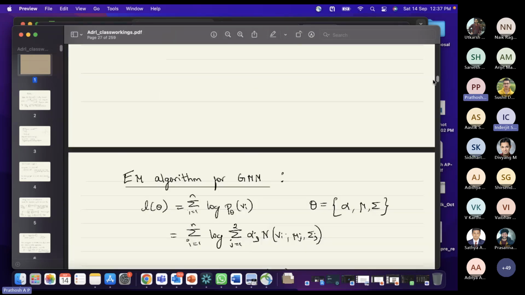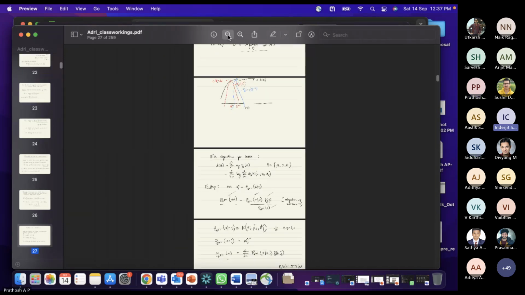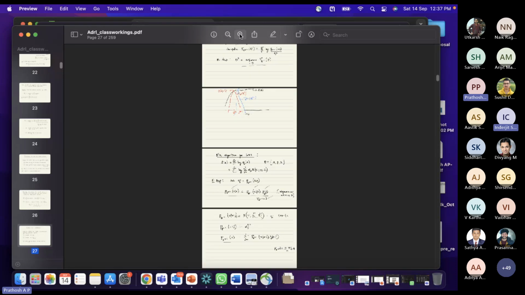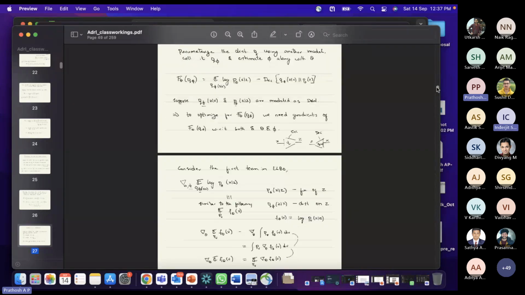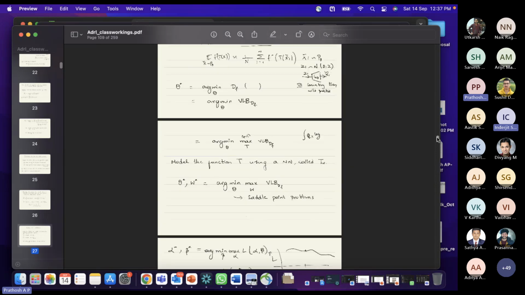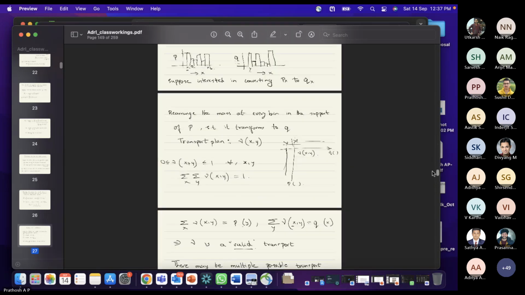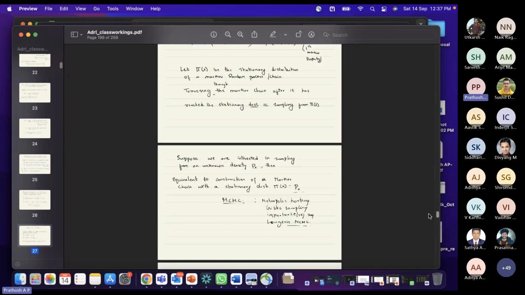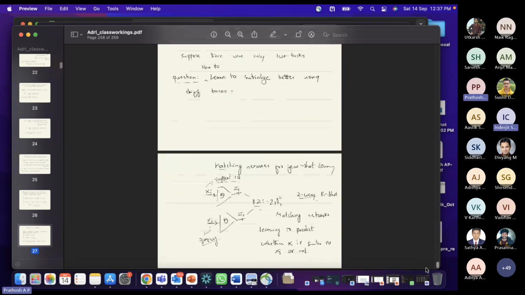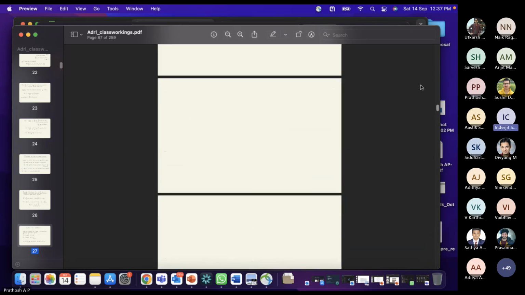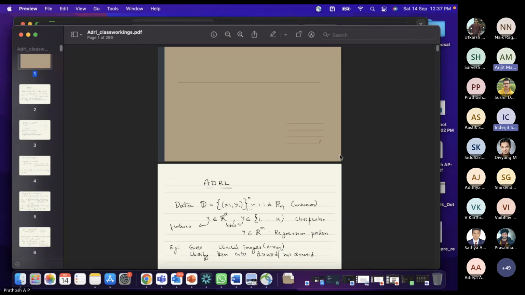This is what I've shared with you. This is my last year's thing. I did it very differently last time. I started from Gaussian mixture models, VAEs, and then I went to GANs, then to diffusion models and so on. If you want, you can have a look at it. Yes, thanks.